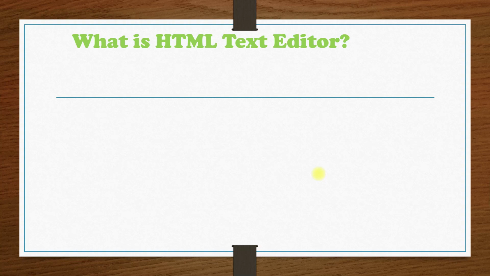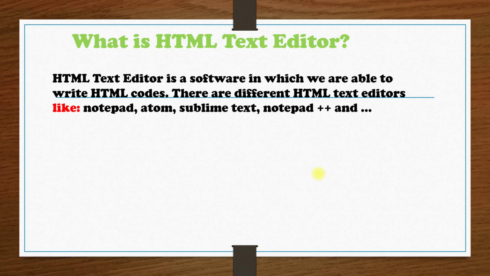So let's first understand what an HTML text editor is. An HTML text editor is software in which we are able to write HTML codes. There are different kinds of text editors for HTML, like Atom, Sublime Text, Notepad++, and even Notepad can be a good text editor for writing HTML codes.